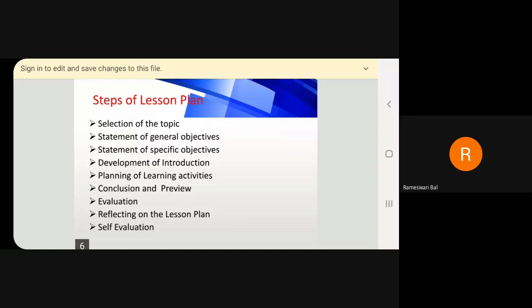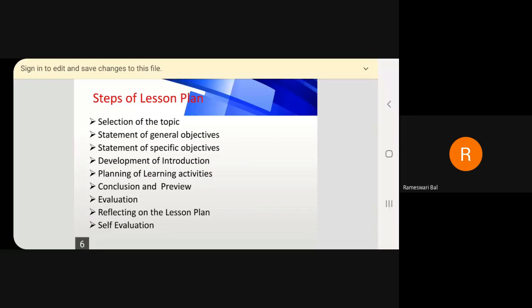Next, after selecting the topic, I have to plan. Actually, I didn't mention everything in the PPT; I am going to add a few more points. After selecting the topic, I can decide what materials are required for me to prepare or plan the lesson.